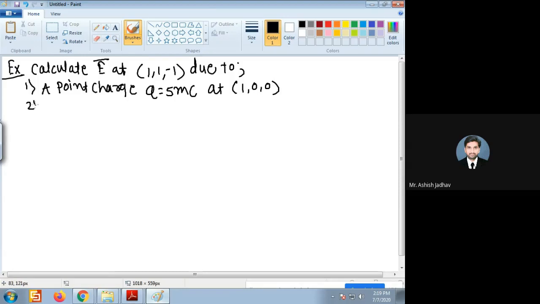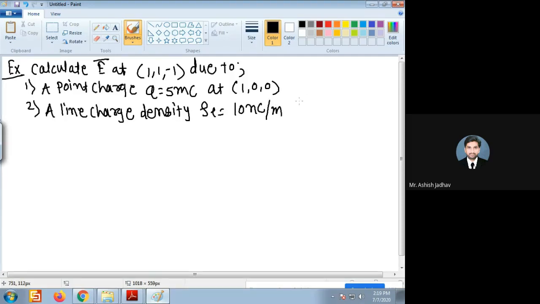Second, a line charge density rho L is equal to 10 nanocoulomb per meter located at x is equal to 0, z is equal to 2.